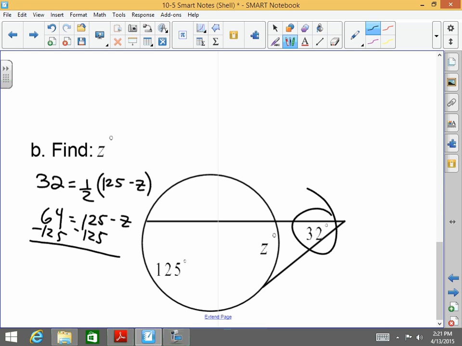That is going to be negative 61 equals negative Z. Divide by a negative 1, and Z does equal 61 degrees. Excellent. Does that make sense?